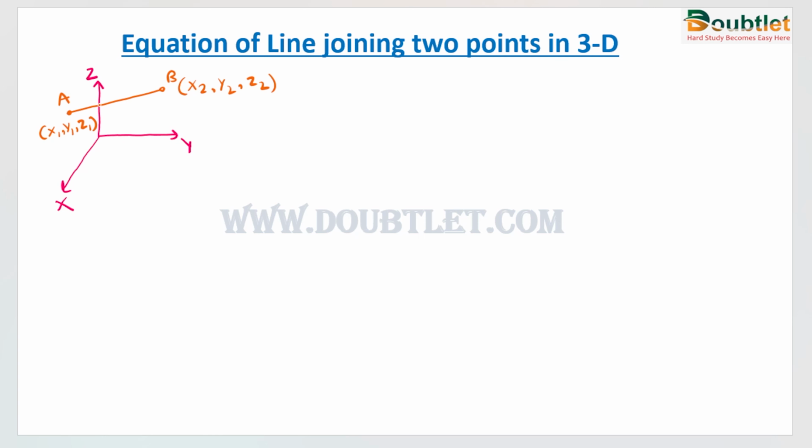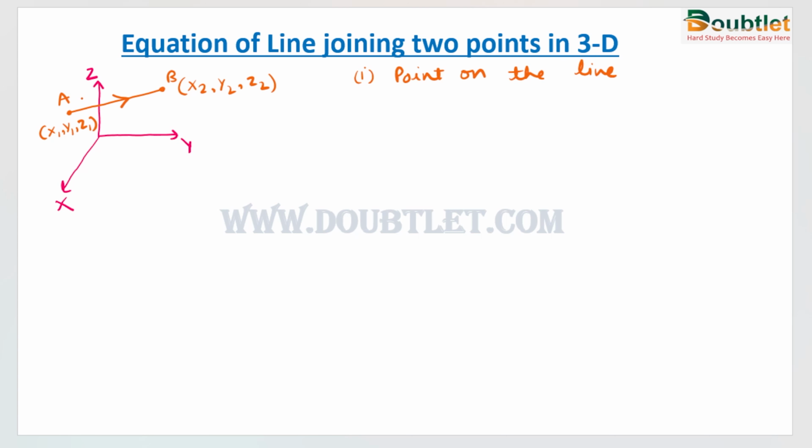Now we have to decide the direction of this line. So suppose this is the direction of this line from A to B. To find the equation of a line in 3D, we need two things. First is a point on the line. Here 2 points are given on the line.